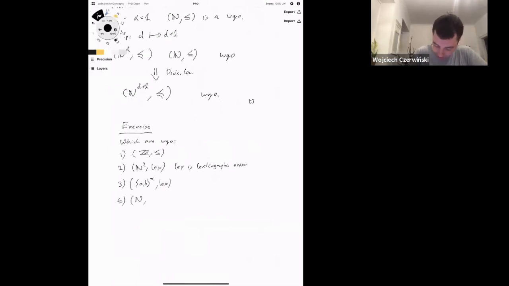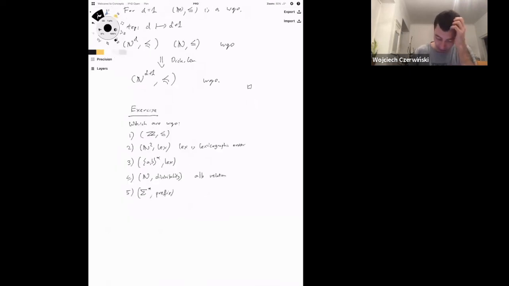Natural numbers with the divisibility relation, A divides B. Then words over a finite alphabet with the prefix relation.